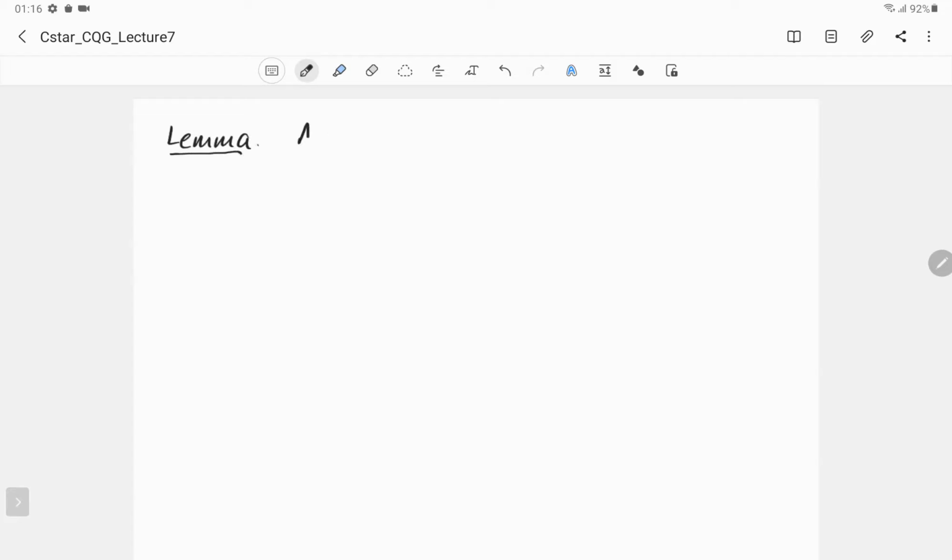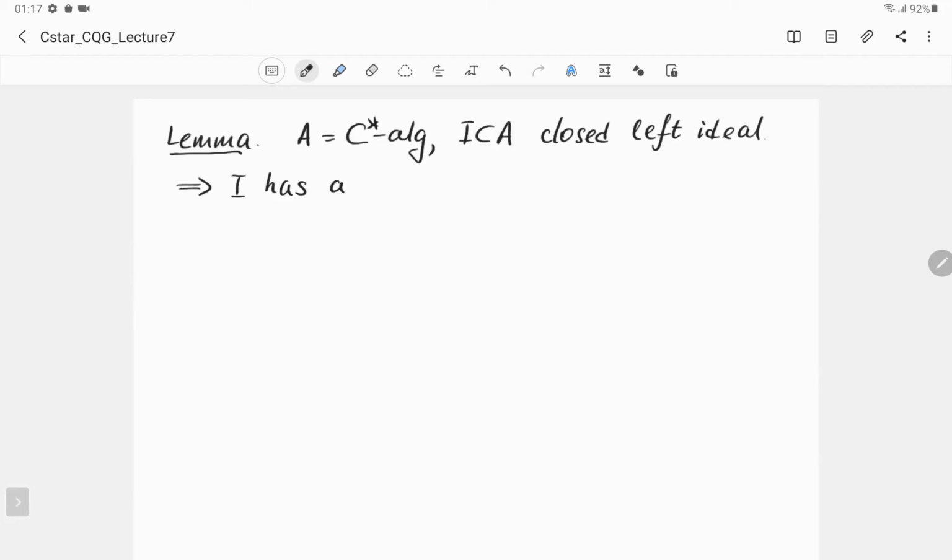Suppose that A is a C-star algebra, and suppose that I is a closed left ideal. I claim that I has a right approximate identity e_lambda, satisfying conditions AI1 and AI2.